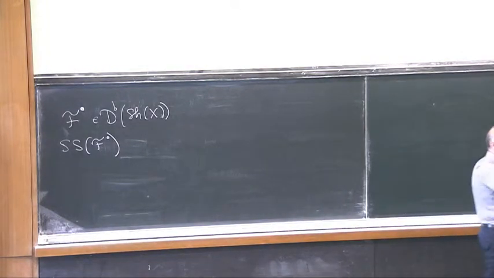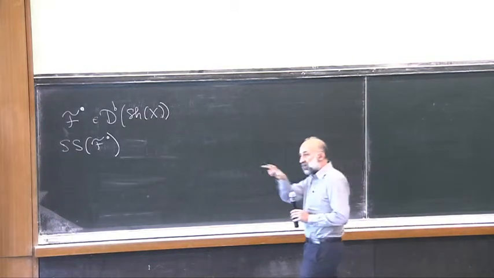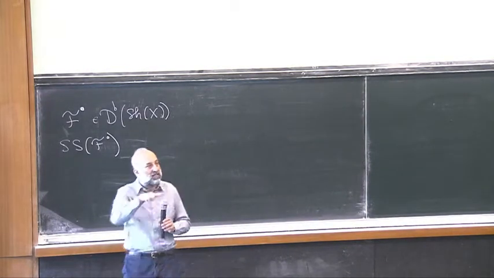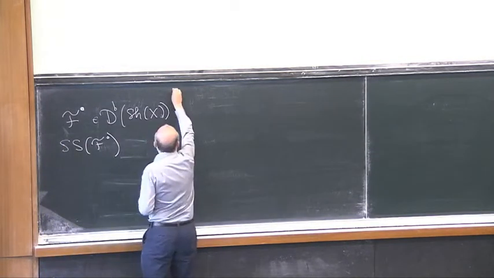So you're at a point and you're looking at different directions, moving a little bit in different directions, and you say, well, in this direction nothing changes. I mean, the sheaf, if I move in this direction, is not going to change, but in this other direction it's going to change, and that's what the singular support is about.